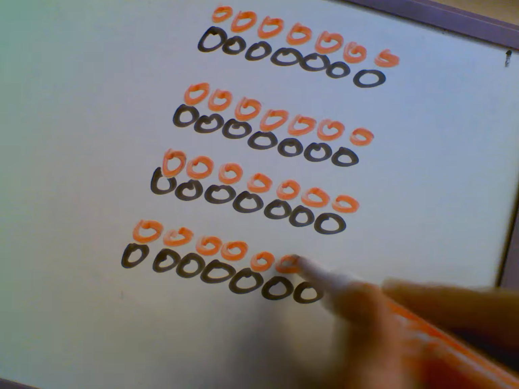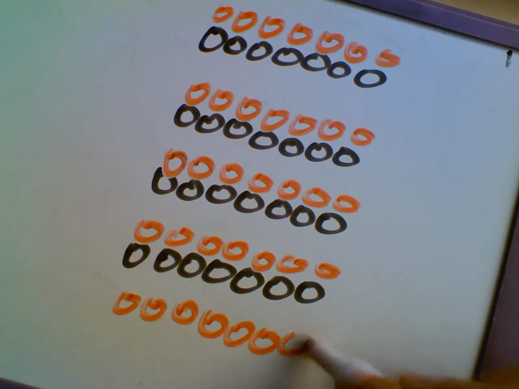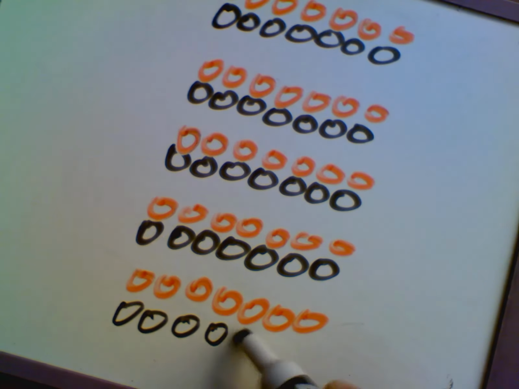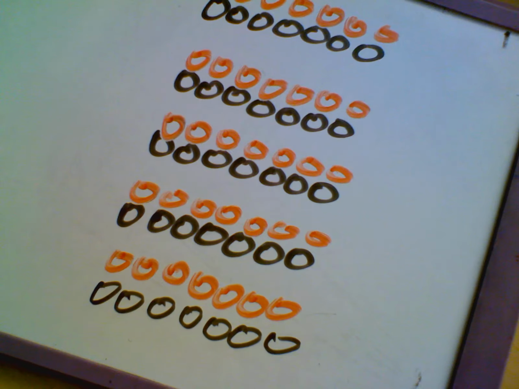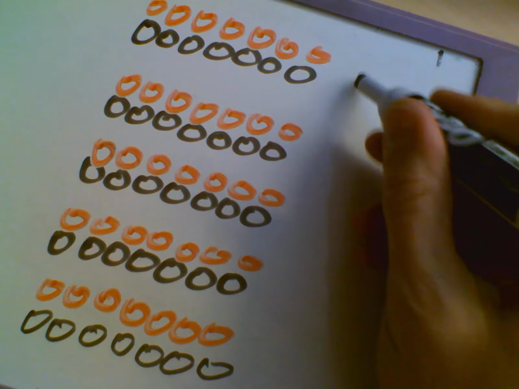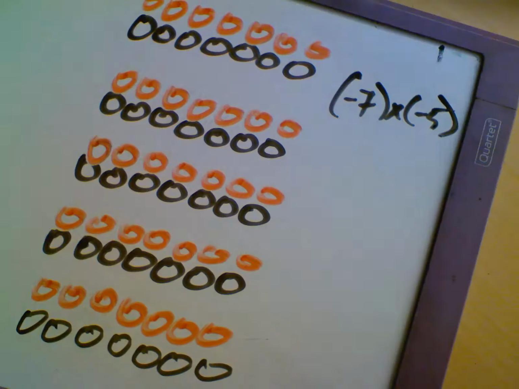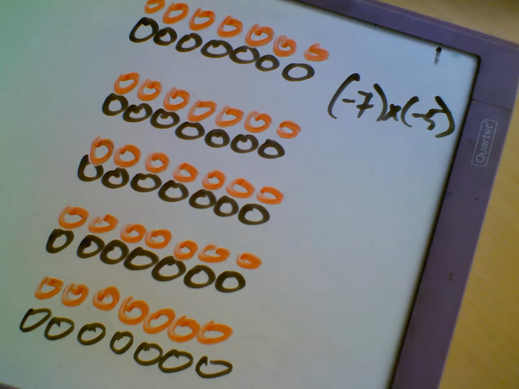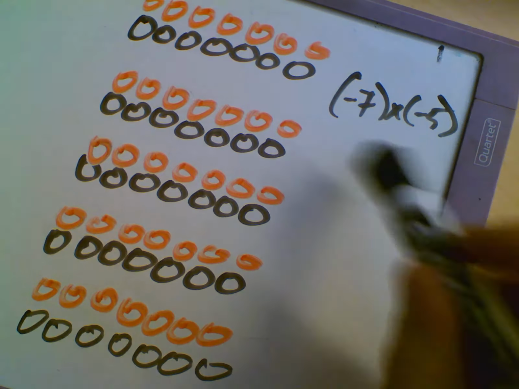Oh, I only did 4 rows. I was supposed to do 5. Let's get the 5th. There we go. So we now have 5 rows of 7, but we have a positive and negative integer for each. Now the original question that we had was -7 times -5. So what we want to do is get a negative and a negative.